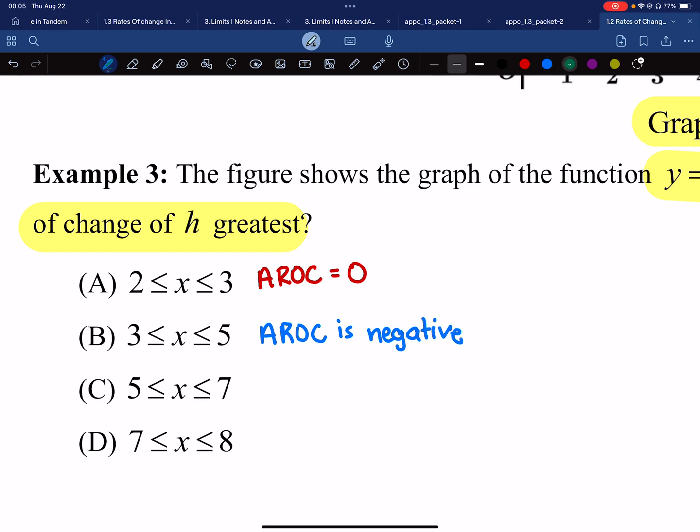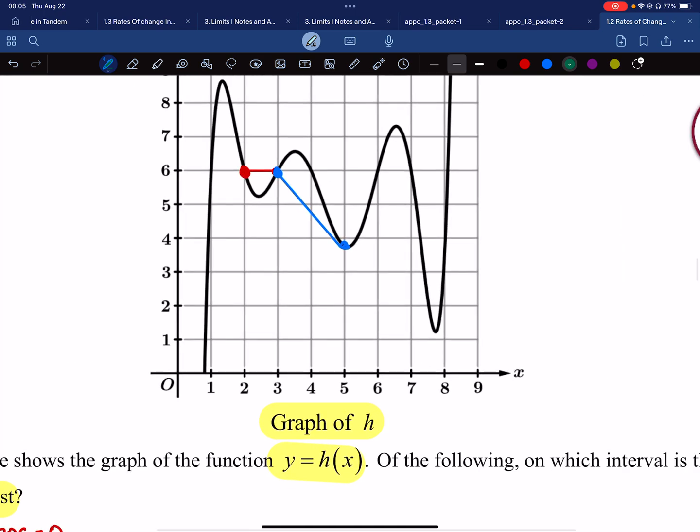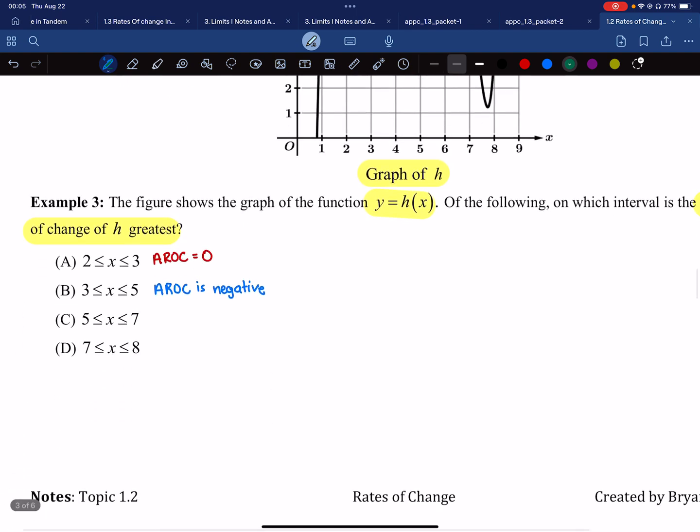So now I go to the next one, 5 to 7. So I put a point where x equals 5, a point where x equals 7. We connect the 2 dots. And we see that that right there has a positive slope. So our average rate of change is positive.